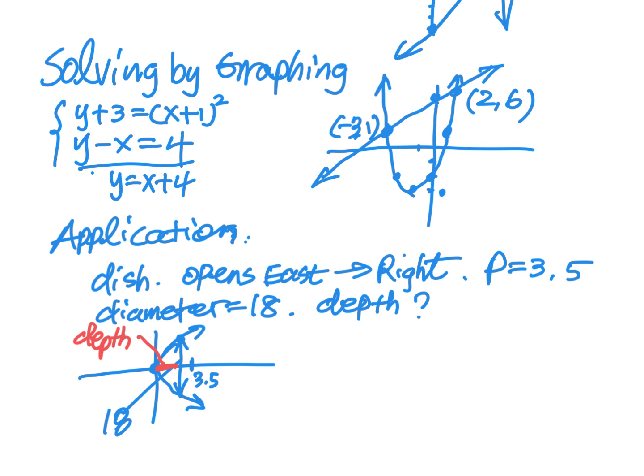So basically, you know that you have the P, and you have the diameter, means you have the y value is 9. So y is equal to 9. And then you're finding the x, because the x is your depth. So the depth is the x value.